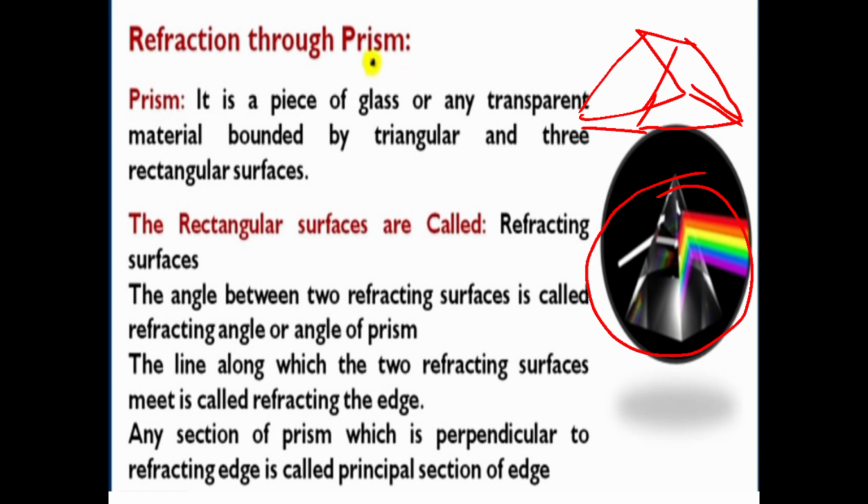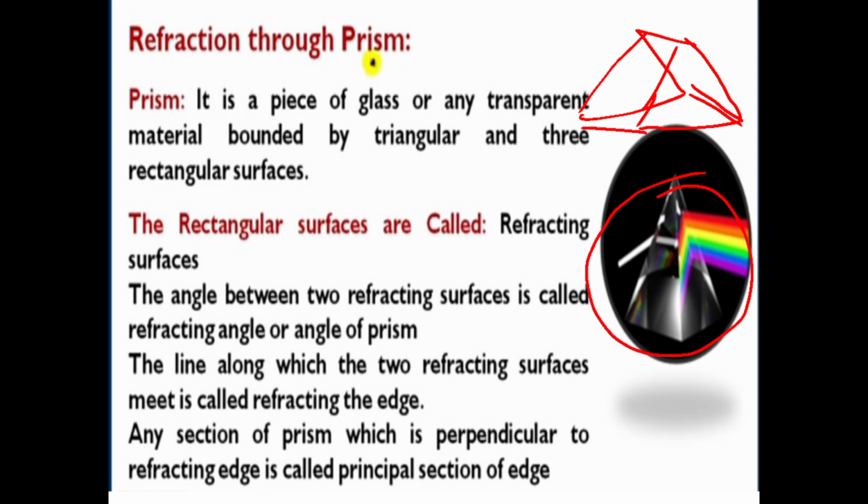It is bounded by triangular, this is triangular, and 3 rectangular faces. It has 3 rectangular faces. This is one rectangular face, this is another rectangular face, and this is the third one. So here you can see the 3 rectangular faces.